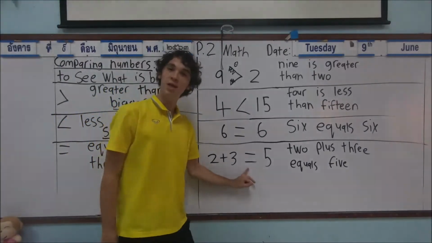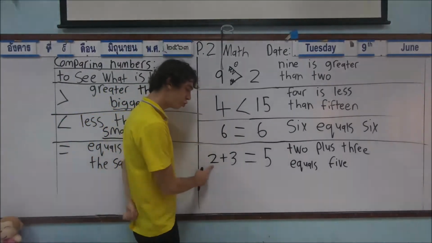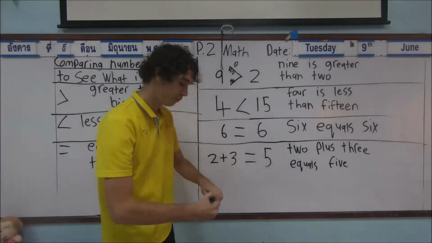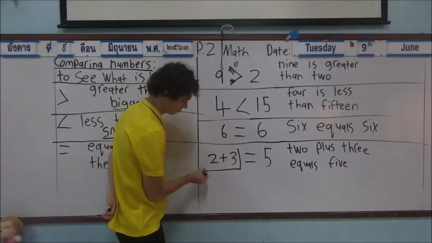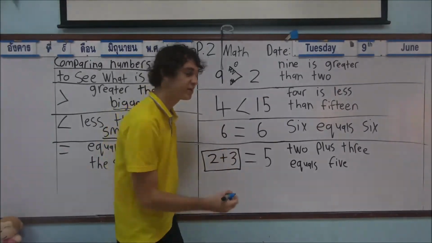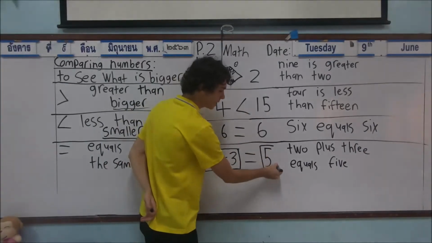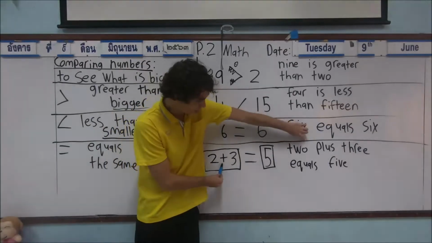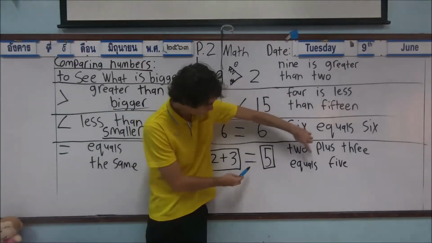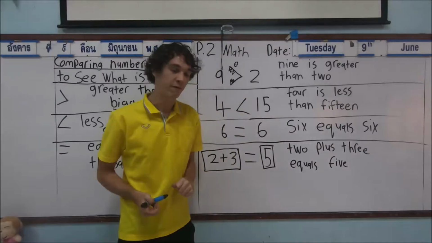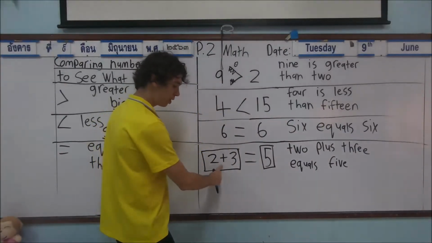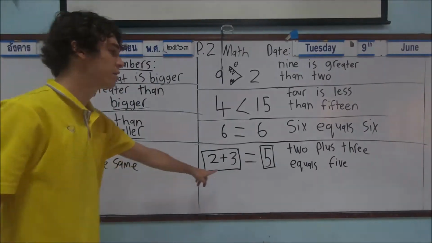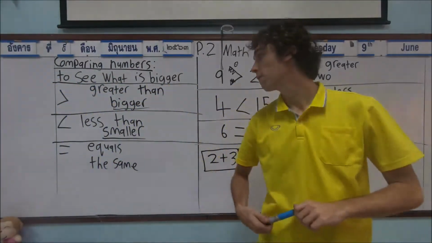Also, we use it like this. 2 plus 3 equals 5. This is the same as this. 2 plus 3 equals 5. 2 plus 3 is the same as 5.